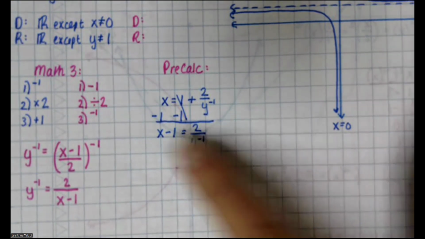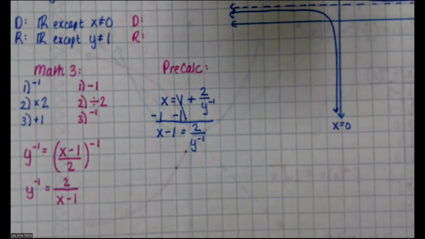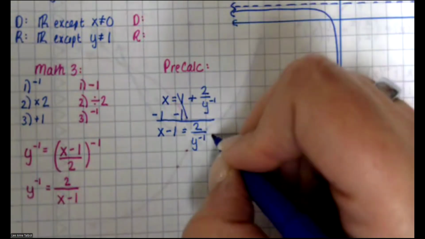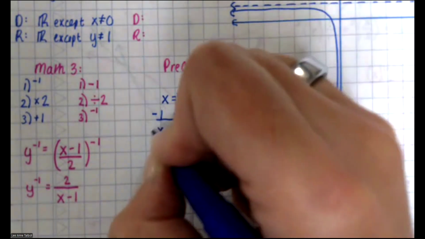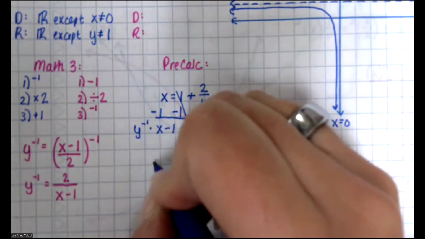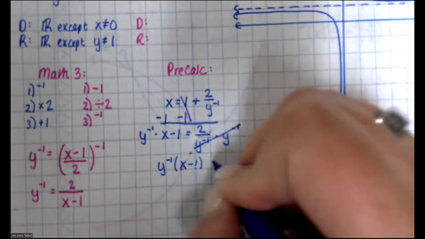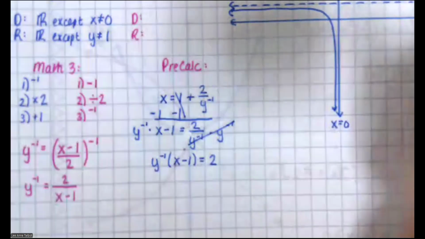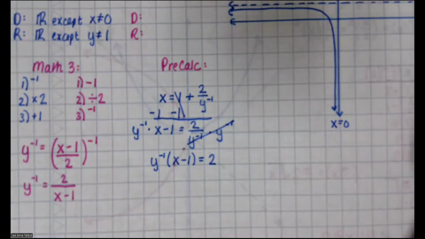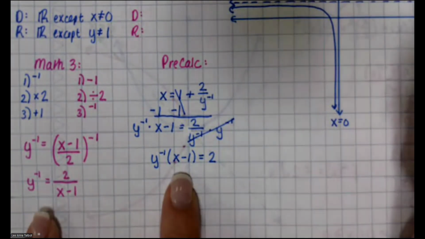You can either multiply both sides by y inverse, or you can cross multiply, which is the same thing. I'm going to multiply both sides by y inverse. Okay, and then how do I get it from here to here?